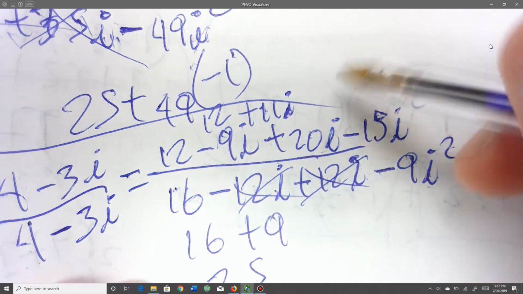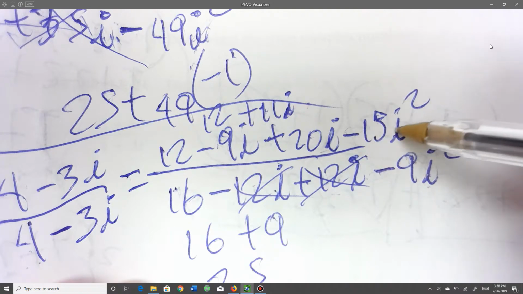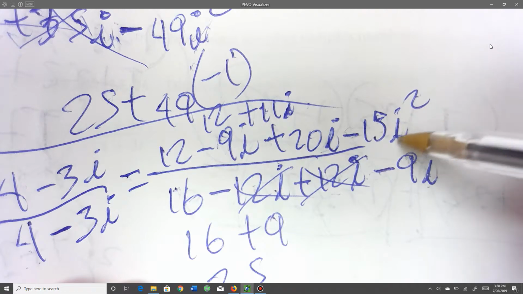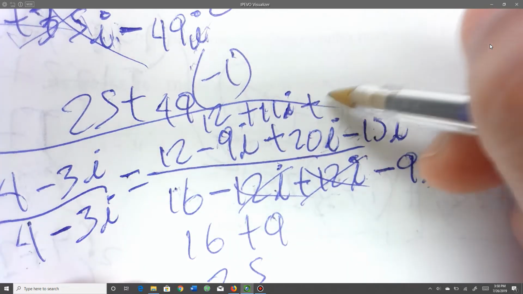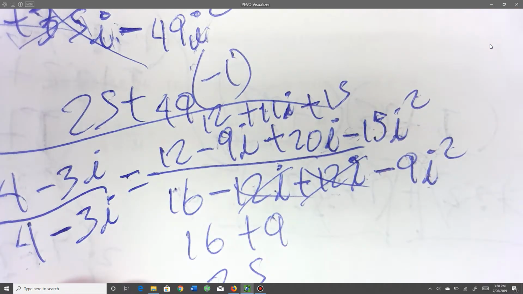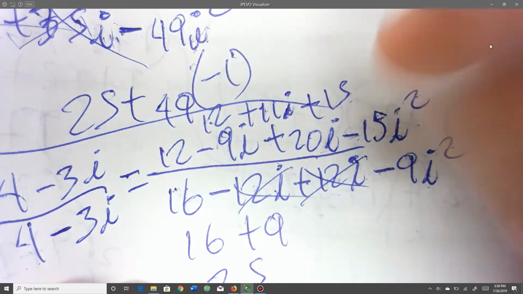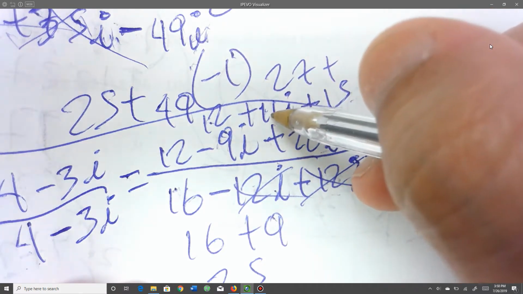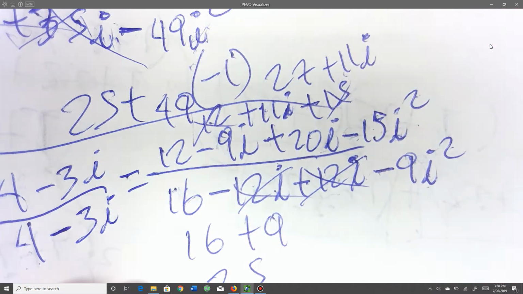Rewrite the 12, and this negative 15i squared becomes positive, because i squared is negative 1 times negative 15 is positive 15. Okay, combine like terms, that's 27 plus 11i. So that's my new numerator.